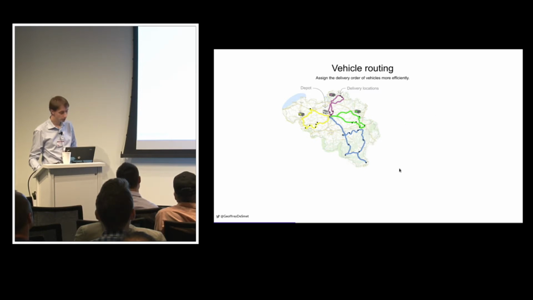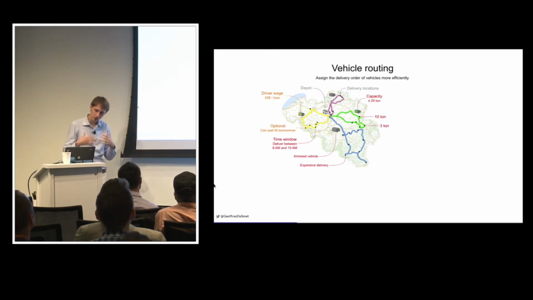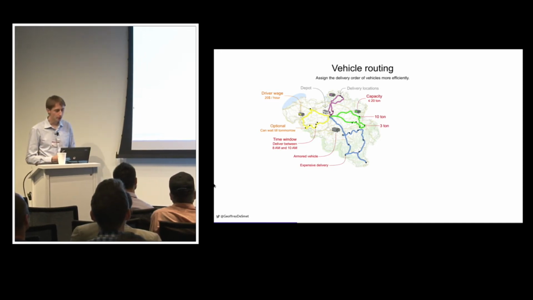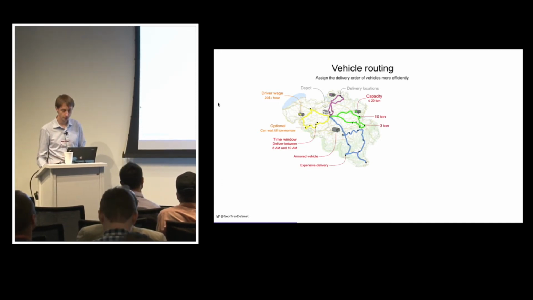And you have a number of limitations when you want to do this. So what are the constraints for this problem? Well, you have a capacity constraint. For example, each truck can carry 20 tons, or I guess here in the States, 20,000 pounds or something like that.